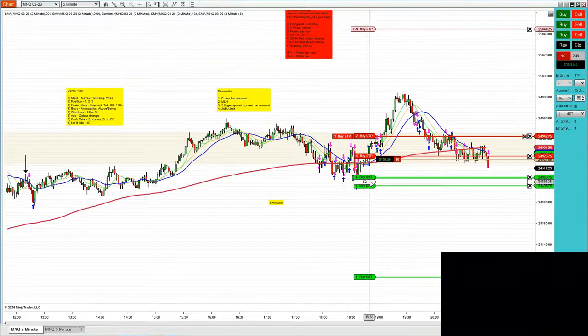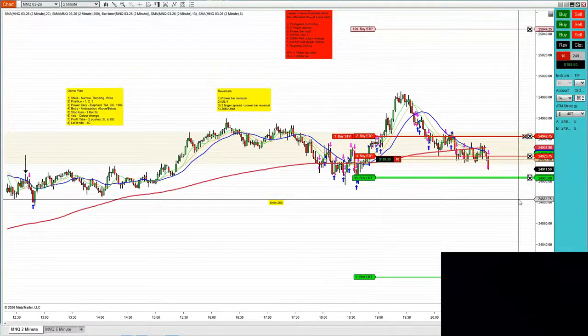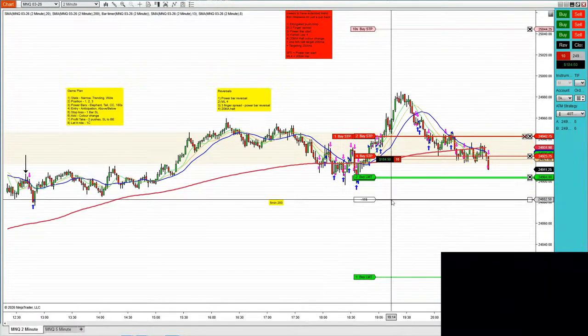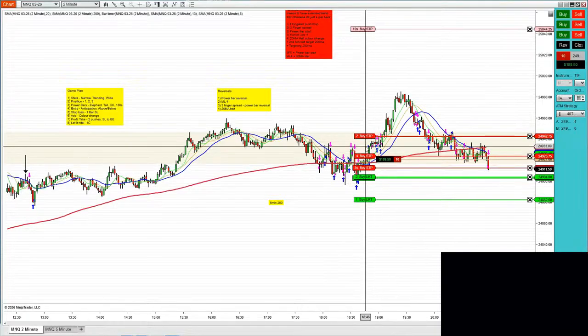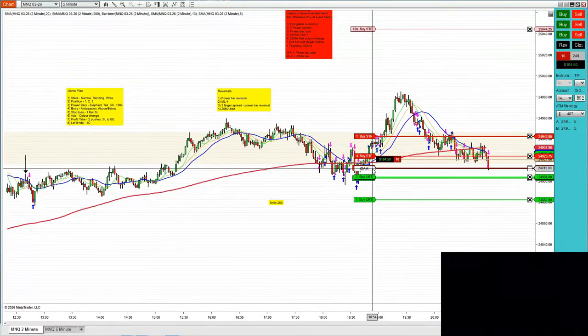Is it this one? I'll just put them all there. I don't know which ones are which now, so let's layer out of these.